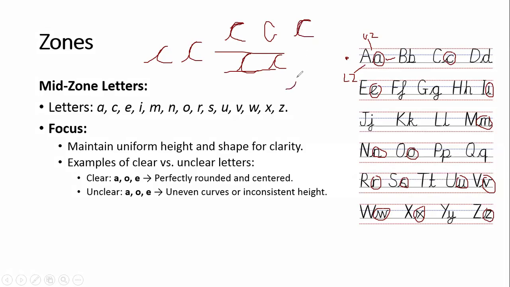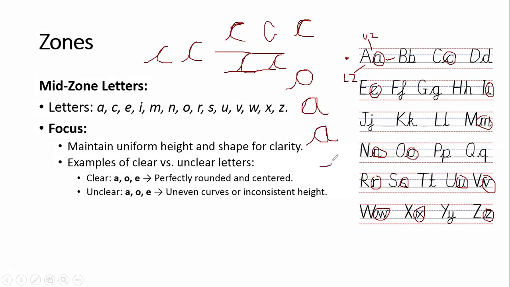Then comes O. Okay. Then comes A. A is the half C, upper curve. No, there is no loop. A is the half C. Then extend the line and retrace. Okay.